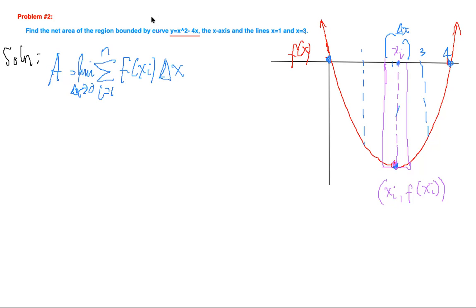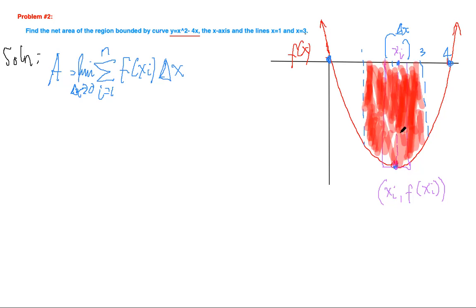The shaded region is this. So let's try to shade the region, this one. Okay, this region. Here we go.